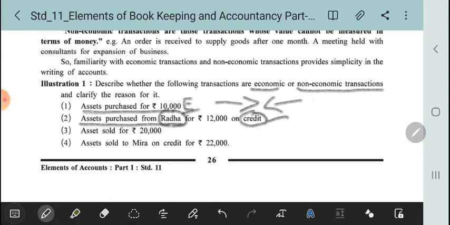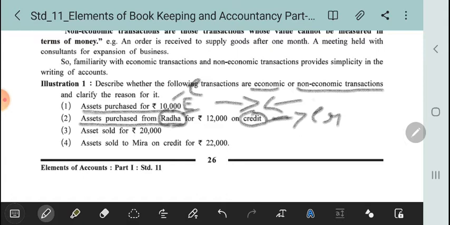But in the first transaction, asset purchased for rupees 10,000, there is no name of a party and no use of the word credit. Then we can say that this transaction is a cash transaction, and the other is a credit transaction.